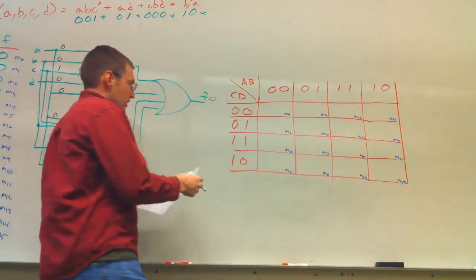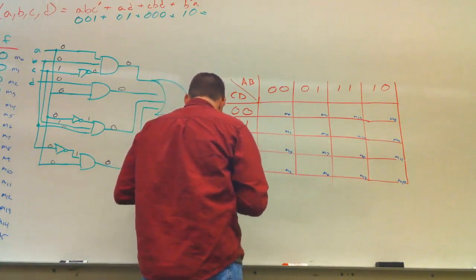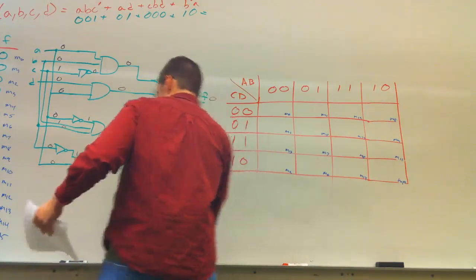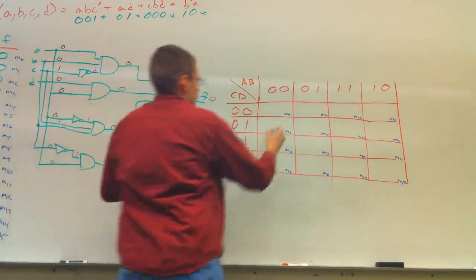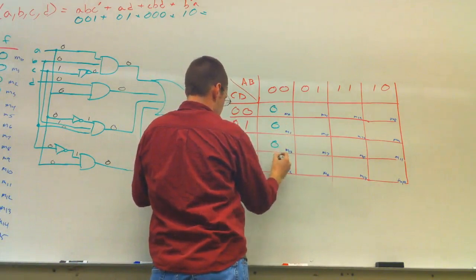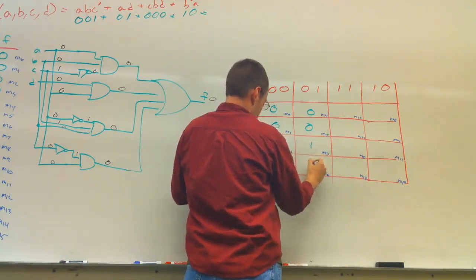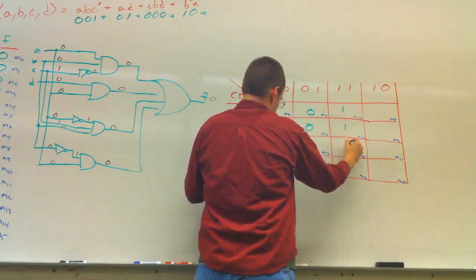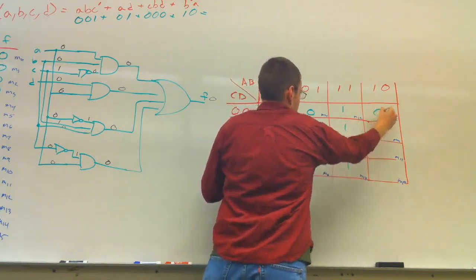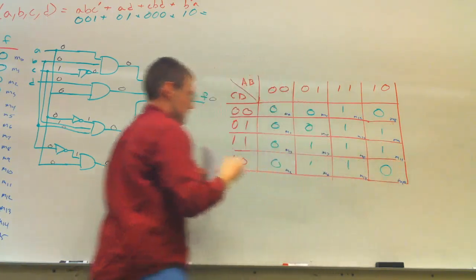So then we fill it in. We got 0, 0, 0, 0, 1, 1, 1, 1, 1, 1, 0, 1, 1, 0.